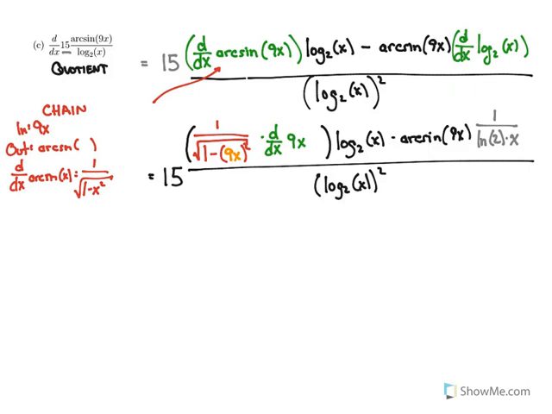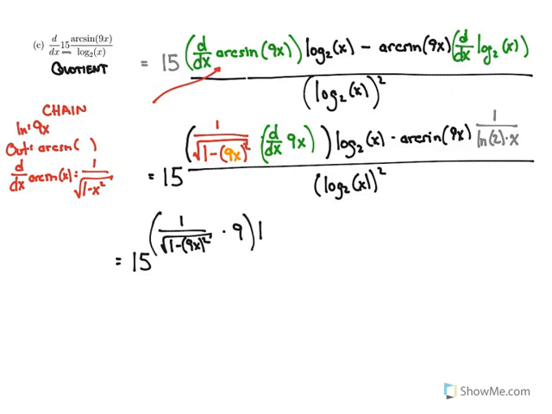So one more derivative to take care of, that's the derivative of 9x. And we can write this as 15 times 1 over square root of 1 minus 9x squared in parentheses times the derivative of 9x, which is 9.